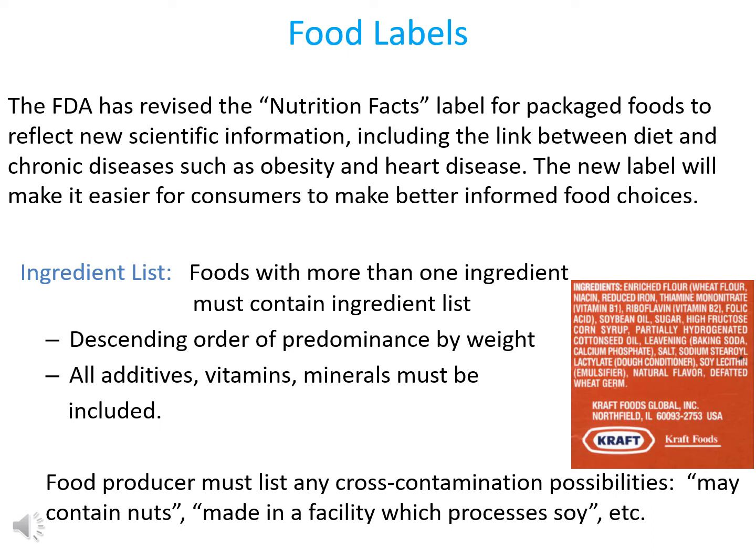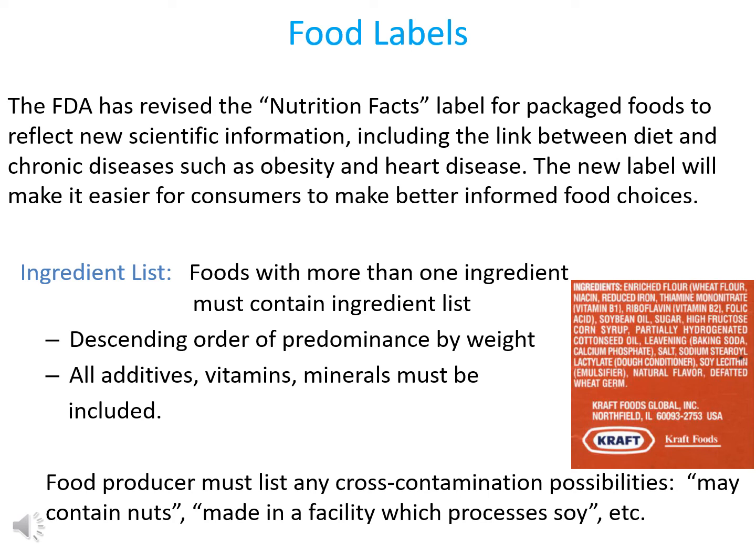The ingredients are listed in descending order of predominance by weight, which very simply means that whatever is listed first on the ingredient list is in the food in the largest amount. Whatever is listed last is in the food in the least amount.